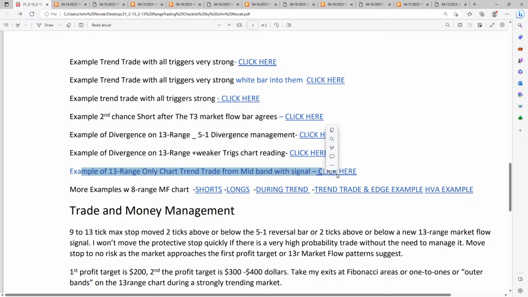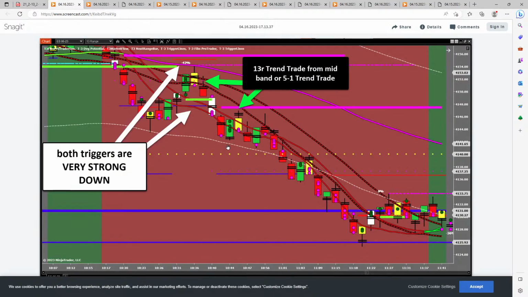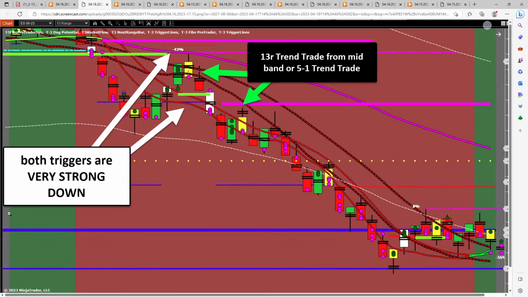All right, now, somebody's going to ask me the question, can you just trade a signal on a 13-2 chart or a 13 range chart or an 8 range chart? Nobody's asked it yet, but you're going to. So I'm going to answer you. If you make a plan that says you can, yes, you can.